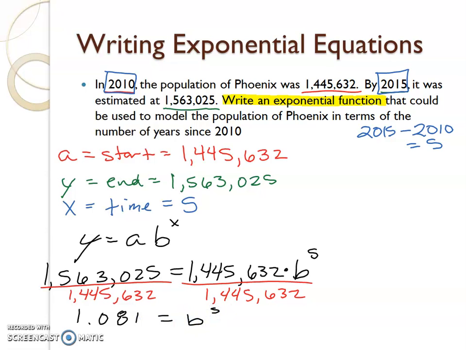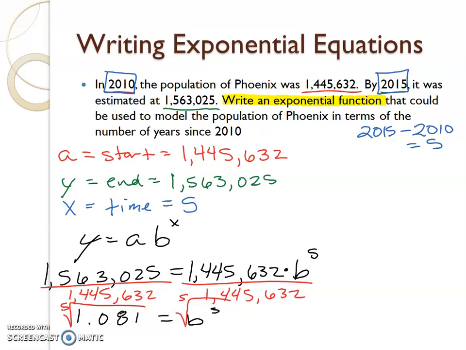Now what do I do to get rid of that 5th power? Well, if you guys remember back to our roots, okay? If you've got something to the 5th power, the opposite of that would be the 5th root. So we're going to take the 5th root of 1.081. Use my calculator. I'm going to enter in that 5 first. Then I hit that second square root with the little x up above it.